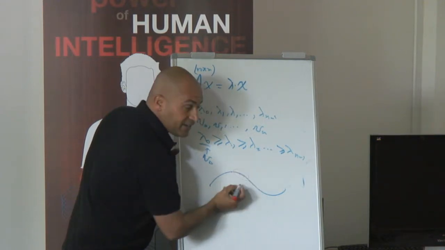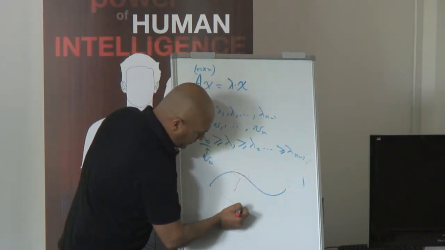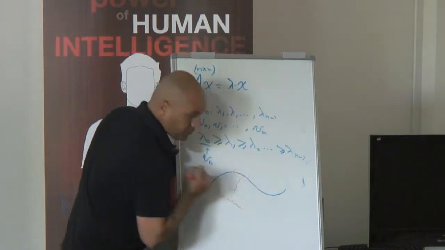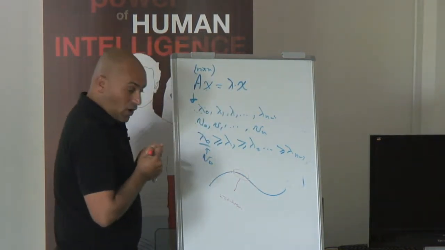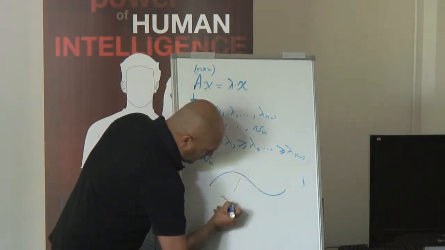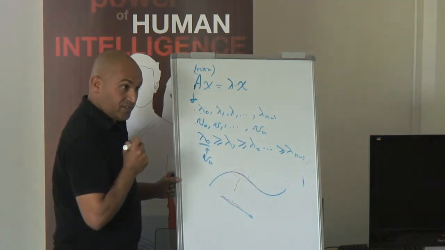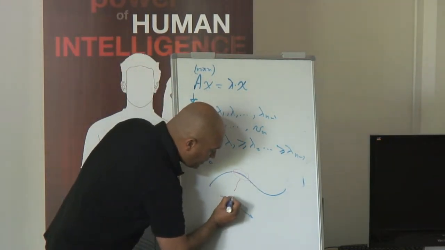Let us take this area and zoom in. So this is what we will get. One will be this, the largest. And this will be the smallest, which is the normal.